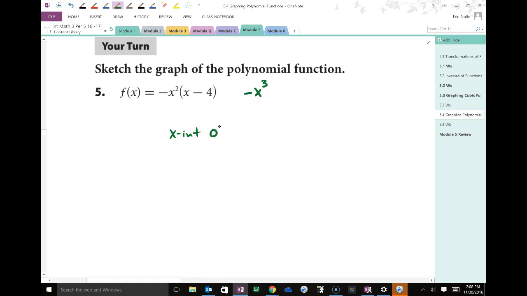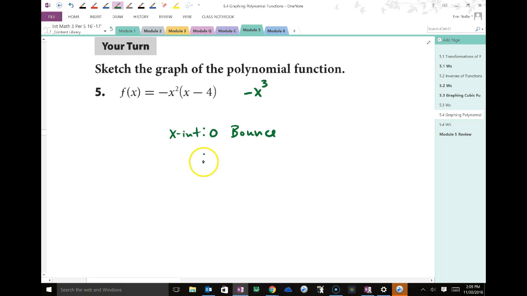Okay. And is it a bounce or does it cross at 0? Look. What did we just talk about with the exponents? If it's even, it bounces. So there's a bounce here. This is even.